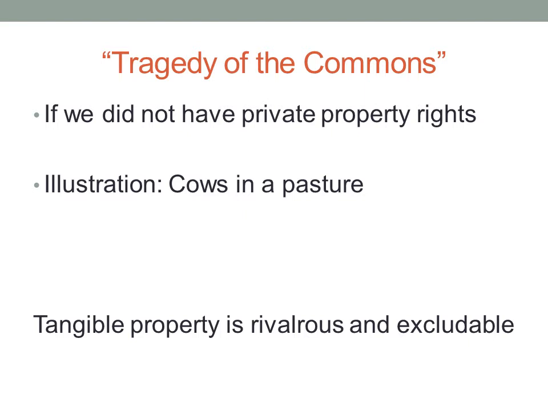Well, I guess you can steal it, but that would be against the law. Rightfully so, tangible property can only be used or possessed by one owner or one set of owners at a time. Only one person can drive a car, only one person can use your laptop at a time, and you can prevent others from using those things.